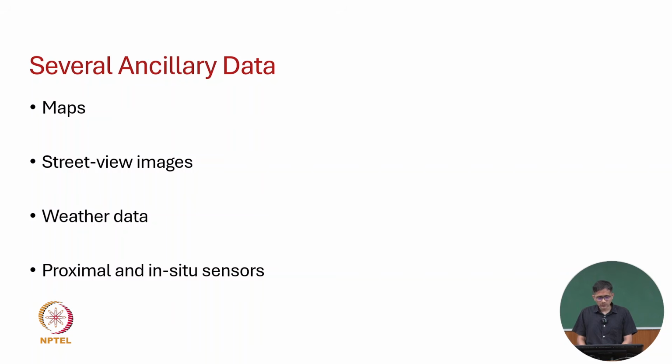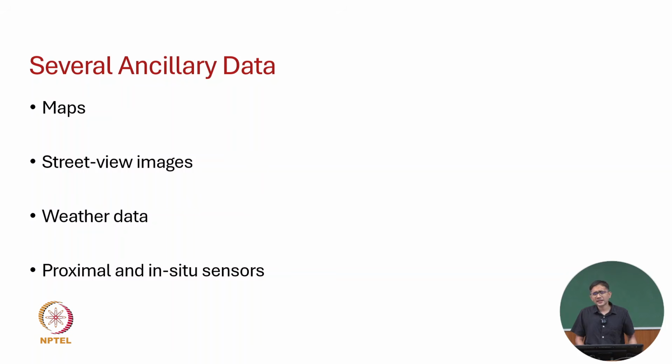In addition to the different types of remotely sensed images that we just briefly mentioned, it's also important to understand that remote sensing or the earth observation analysis often involves ancillary data.